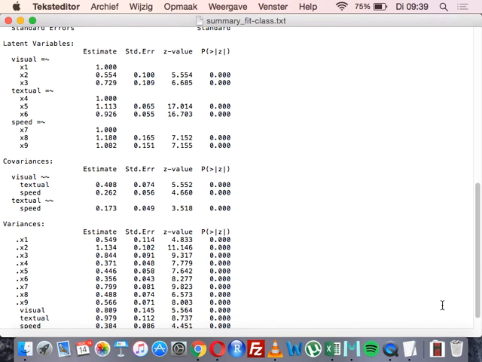But this is the visual one, the textual one, the speed one, and this is the covariance. So those double-headed arrows we had going between speed, visual, and textual. So those are estimated here, and again with significance tests. And these are the variances of our trash bag, so to speak, of those double-headed arrows going to the same thing.